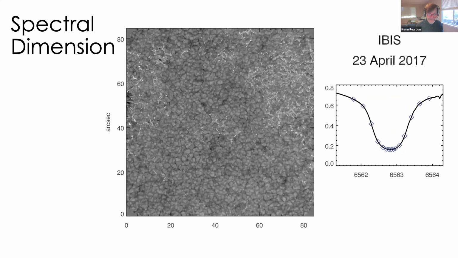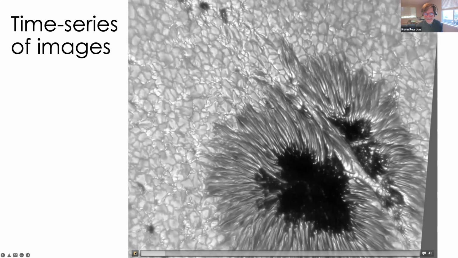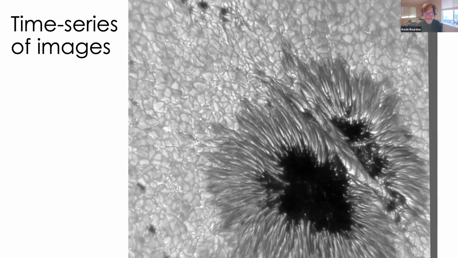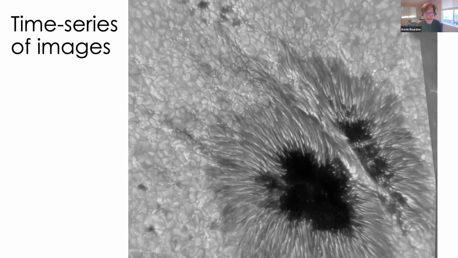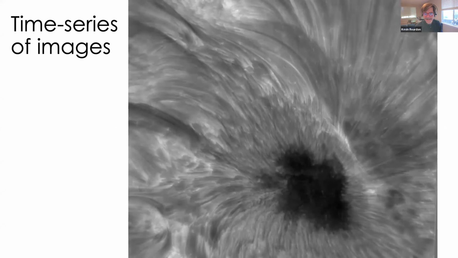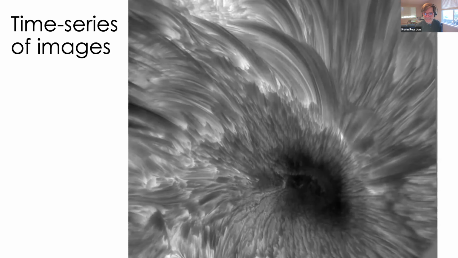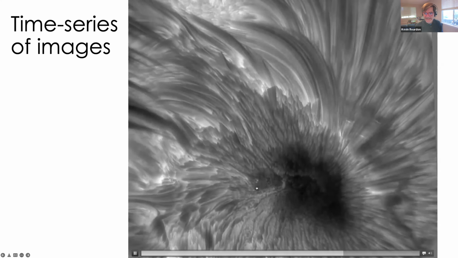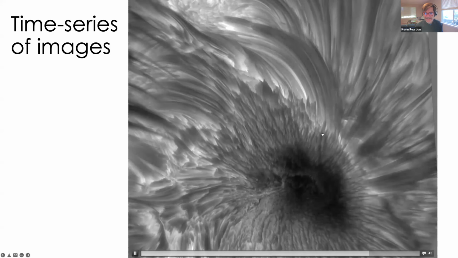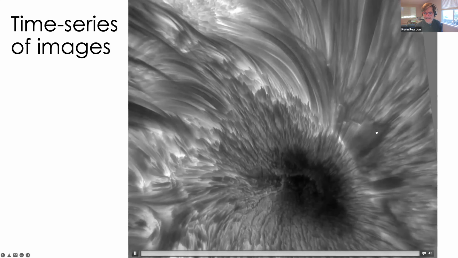And of course, we can do this as a function of time. And so now we have whole time series. So yet another dimension that we can use to identify behavior in the sun's atmosphere, evolution and so on. And we see all kinds of different structures. You see these long fibrils again, magnetic field, and you see complex behavior.